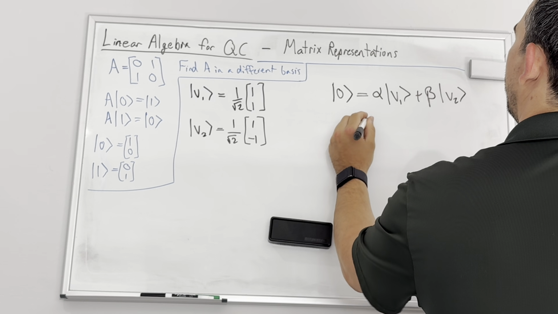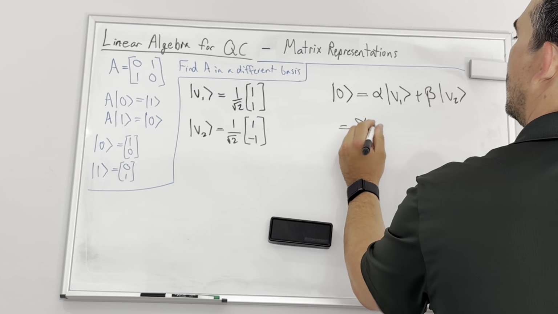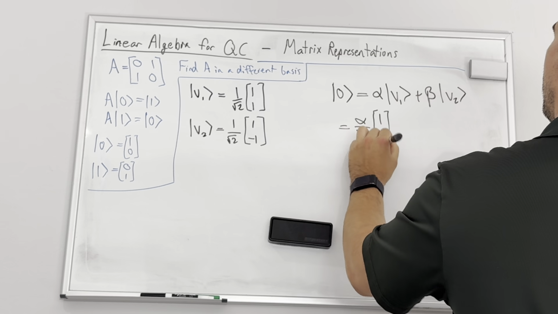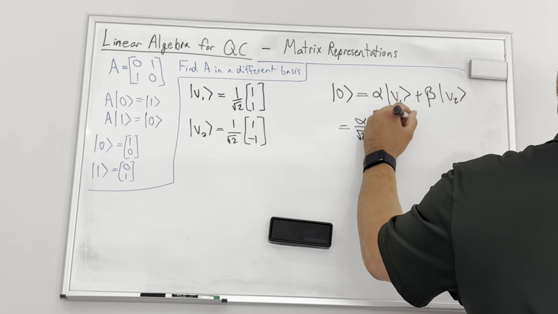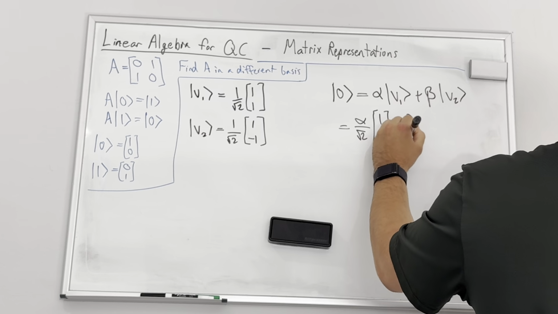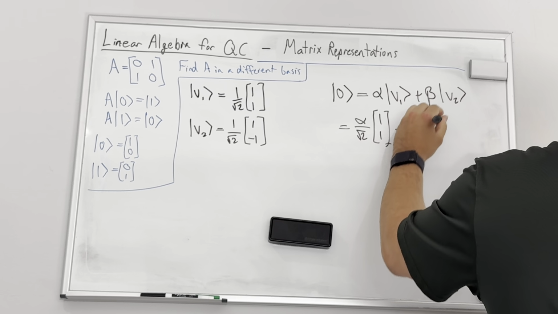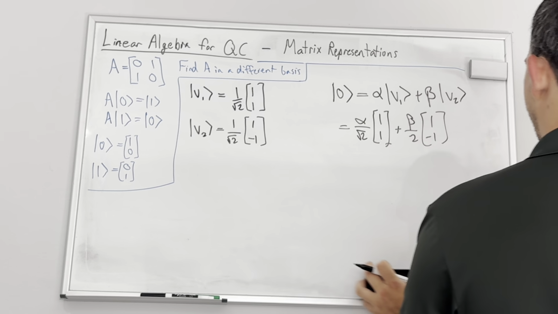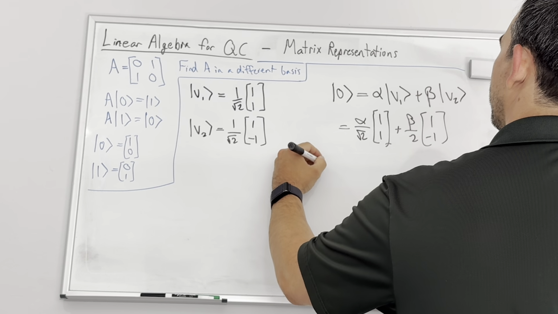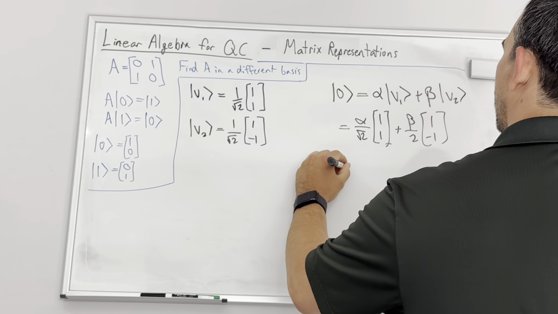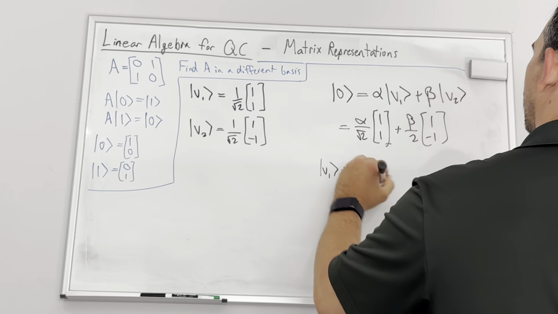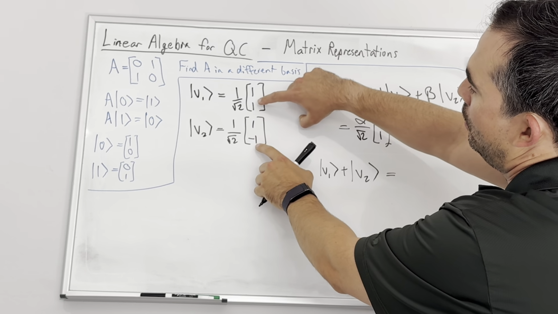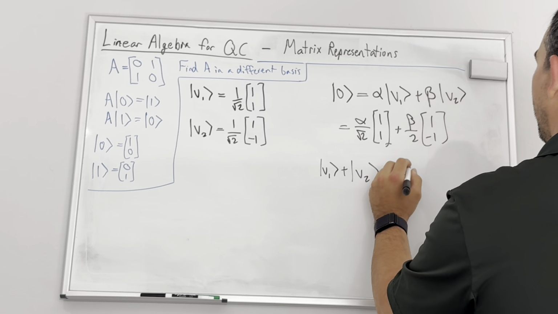So it's going to be, let's call it alpha over root 2 of 1, 1 plus beta over 2 of 1, negative 1, right? Also notice that if I add v1 and v2 together, so v1 plus v2, I just add these together, so the ones will double up, then the 1 and negative 1 will cancel each other out.